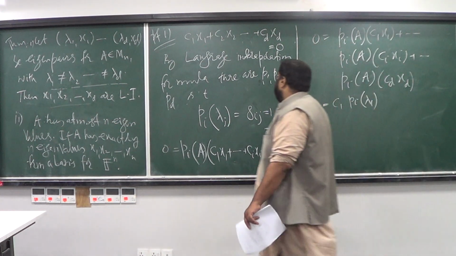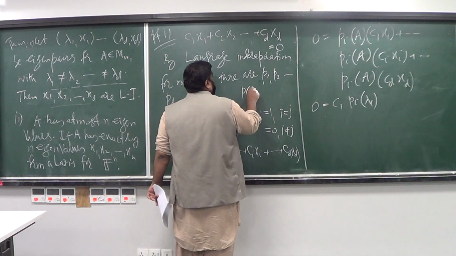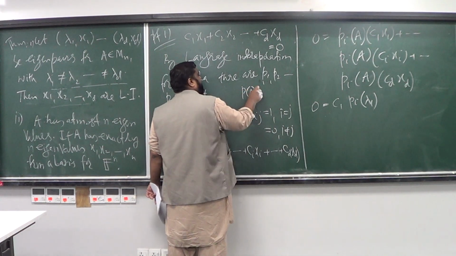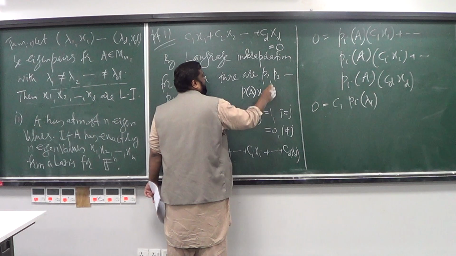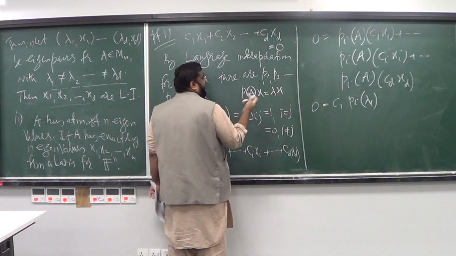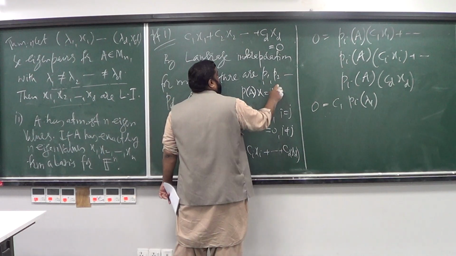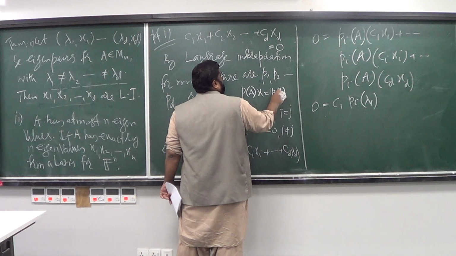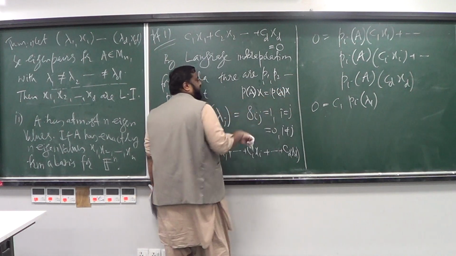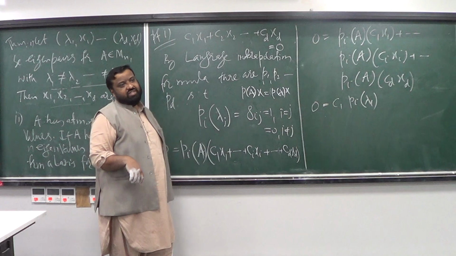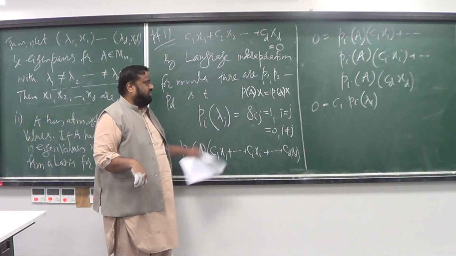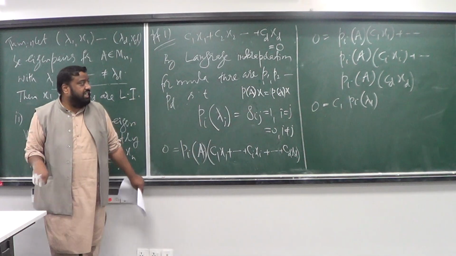Because I know that p of A operated onto x gives you p of lambda x if lambda, x is an eigenpair. We proved this identity in the beginning.